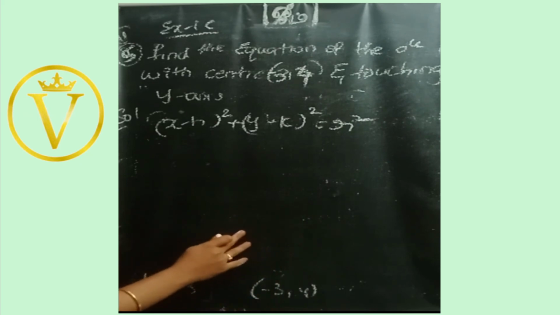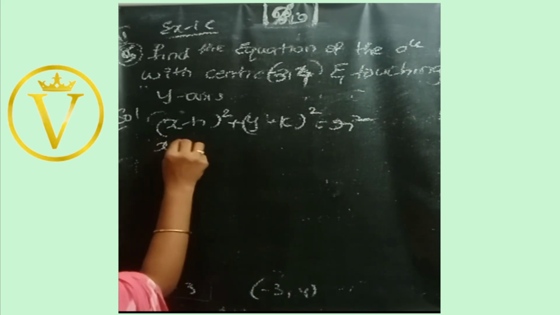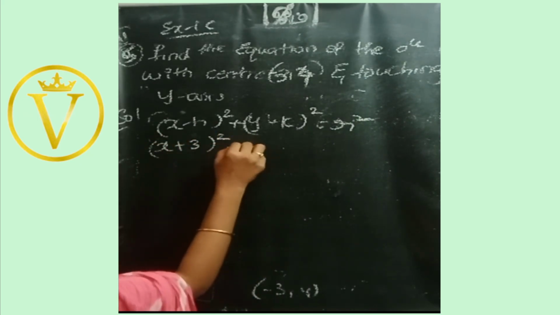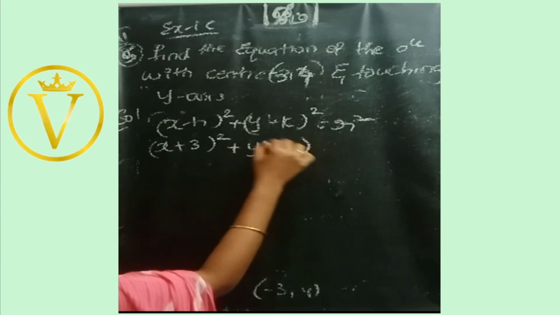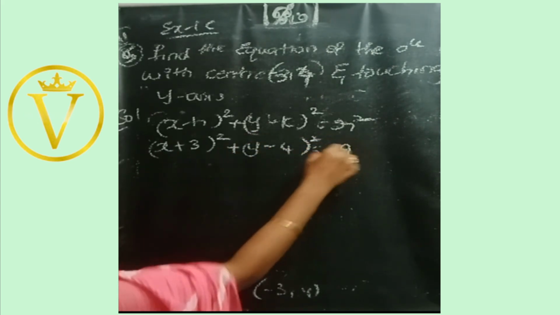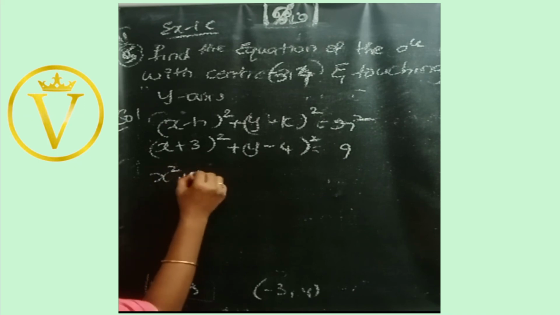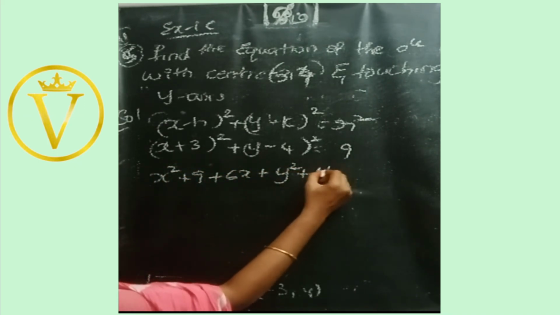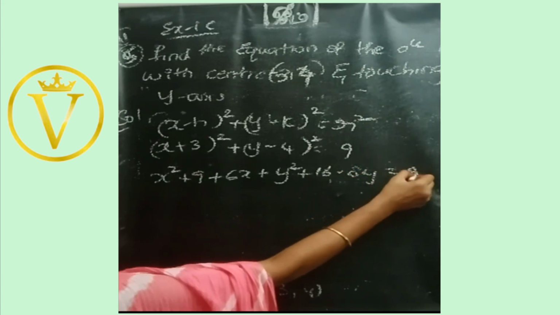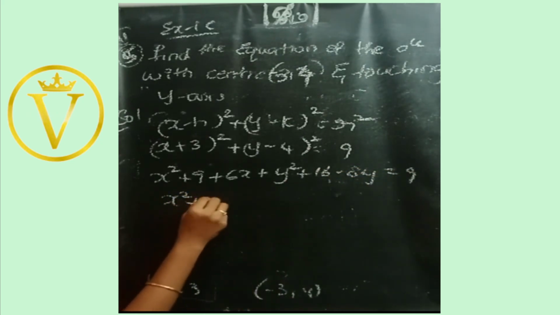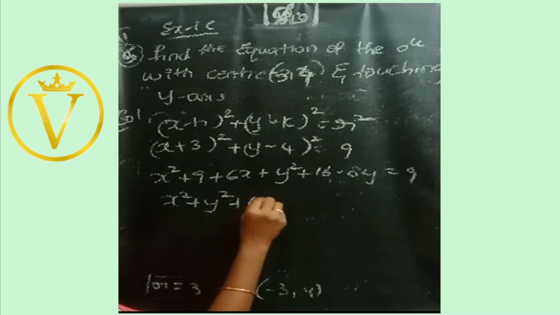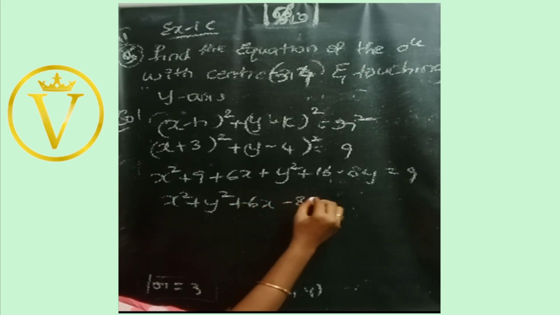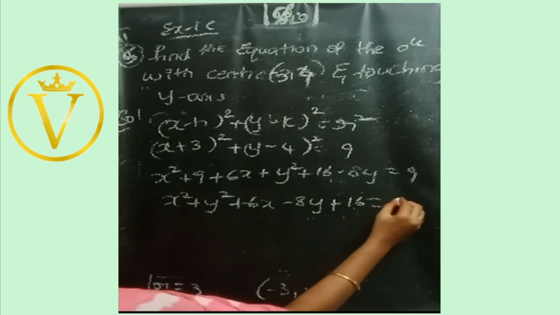Right, this is the formula. Now substitute here: (x plus 3) whole square plus (y minus 4) whole square equals 9. So x square plus 9 plus 6x plus y square plus 16 minus 8y equals 9. So x square plus y square plus 6x minus 8y plus 16 equals 0.